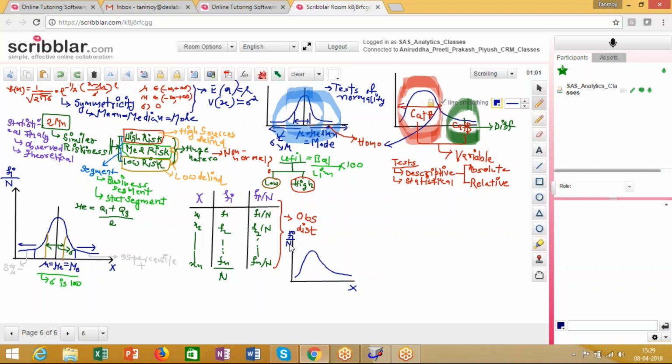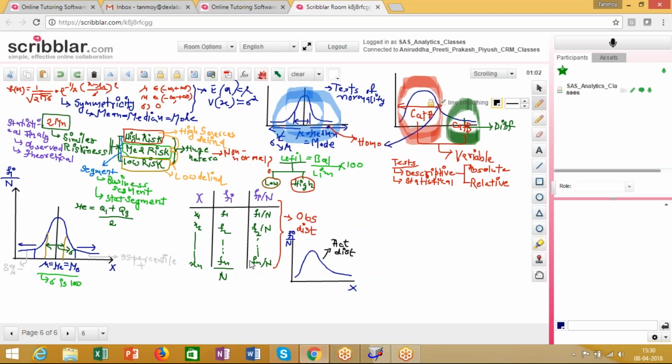Since it is obtained from the actual values, it is also called the actual distribution.